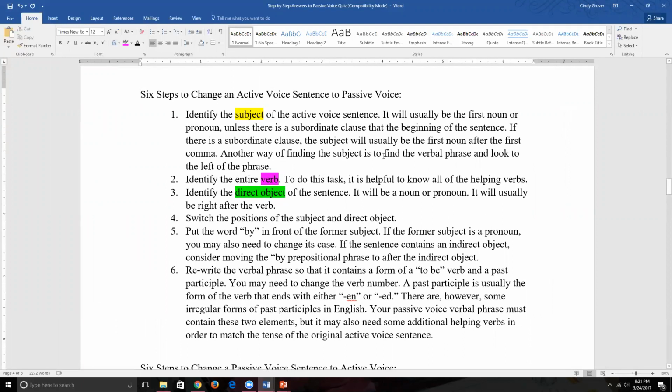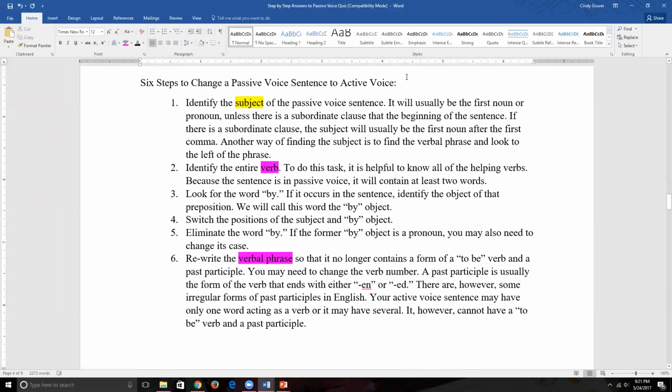And of course, there are 6 steps to do the reverse, to change a sentence from passive voice to active voice. This is the more important skill to be focused on, so this is what we're going to be talking about today. These are the mechanics of how we do this. And again, we're going to be focusing on finding the subject and finding the verb, and going from there.